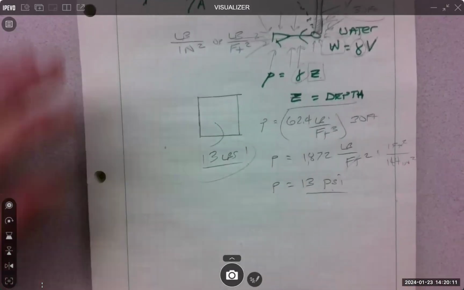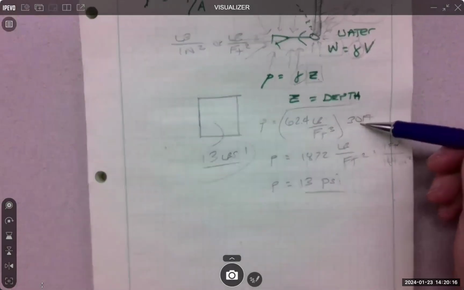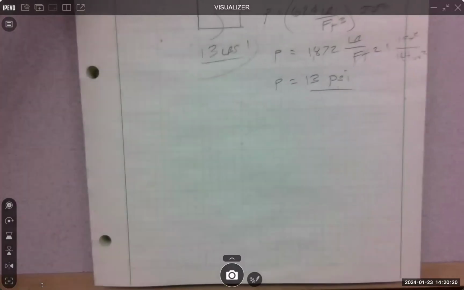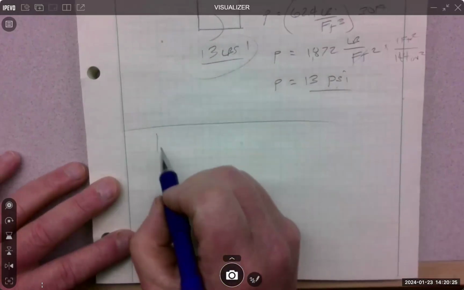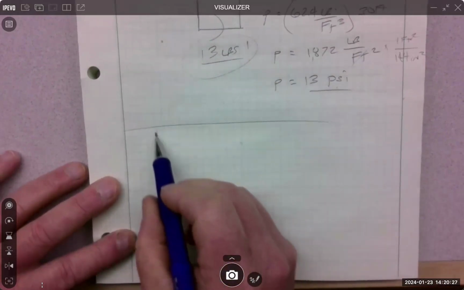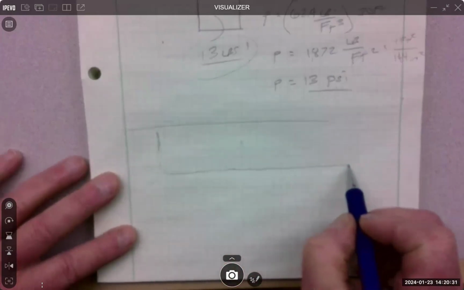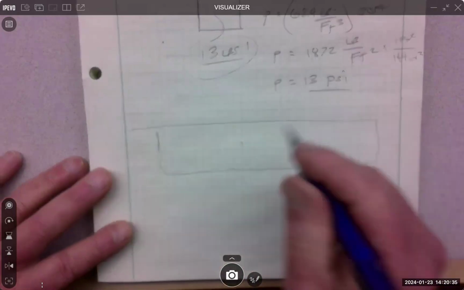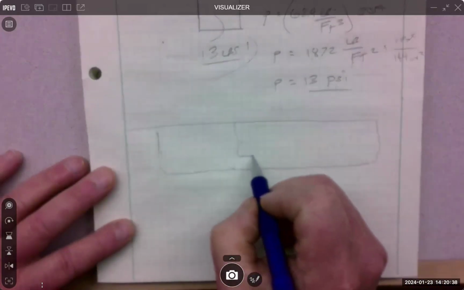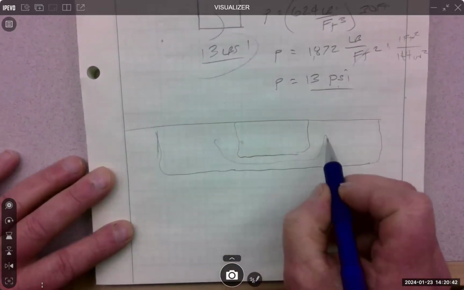Now, the unique thing about water pressure is that it is just dependent on depth. So if you have a pool, let's say you're at some resort and it's got a pool and then a tunnel that goes to another pool, which I've seen at a few different resorts. So it has a pool here, and then there's a tunnel, and you can literally swim underwater and go over there.